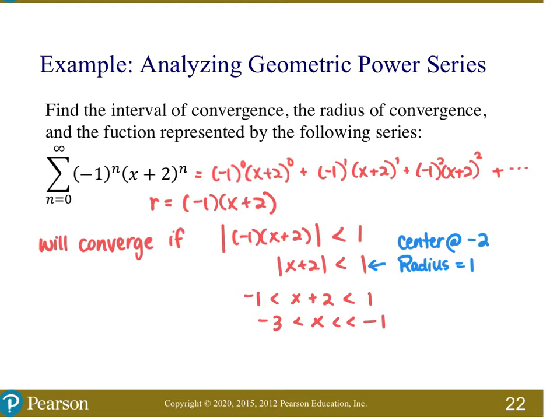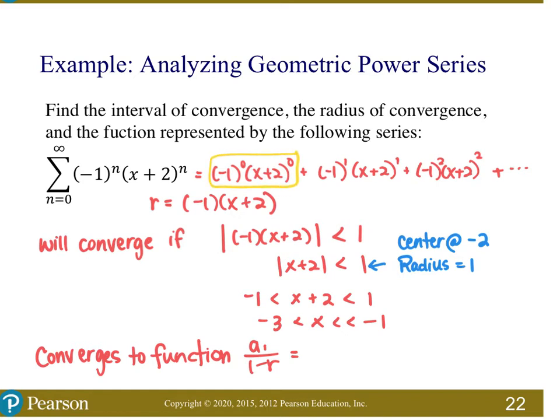And then what will the function be? The function would be a sub 1 over 1 minus r. Our a sub 1 is that first term. Everything to the first power is 1. And then 1 minus our r, which was -1 times x plus 2.